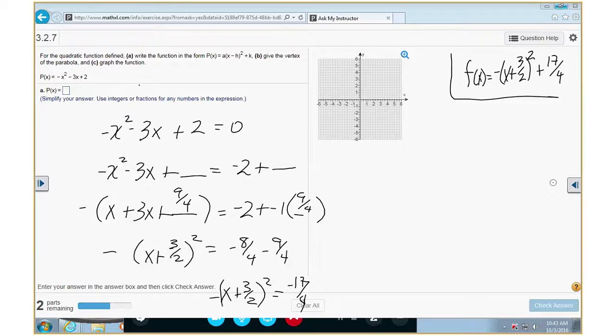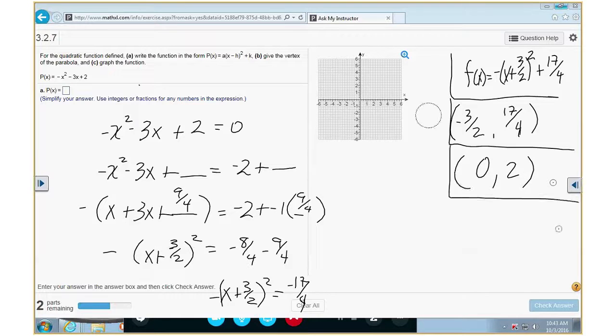Two, your vertex, I can get it from here: negative 3 halves, comma, 17/4. The y-intercept is 2. And now we're going to finish. And that's going to be x plus 3 halves quantity squared is equal to 17/4.